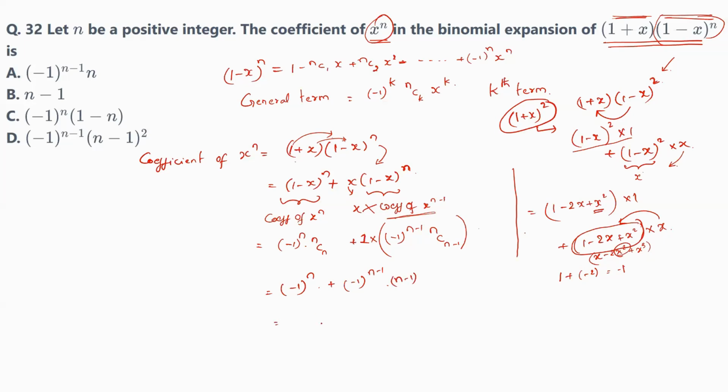That is, you take (-1)^n common, 1 plus, sorry, nC(n-1) is n only. (-1)^n common if you take, then it will be 1 minus n, right? So your answer would be this. Is that understood?